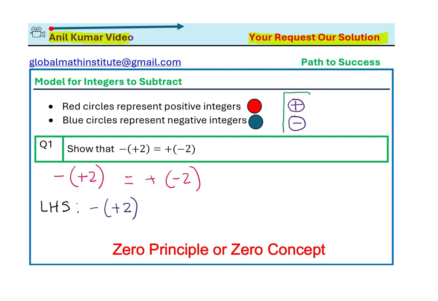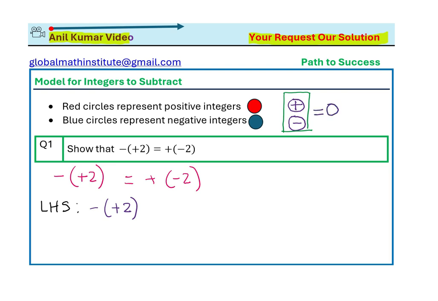That is the zero principle. So this combination of positive and negative is actually 0. To any number, if you add a 0, it doesn't really change. 0 is the addition identity. So we could also write this as 0 minus of plus 2.